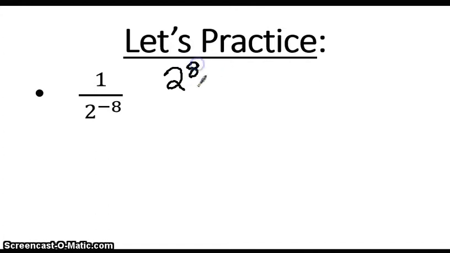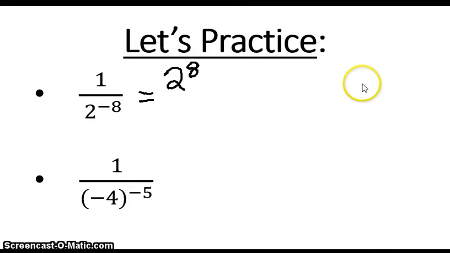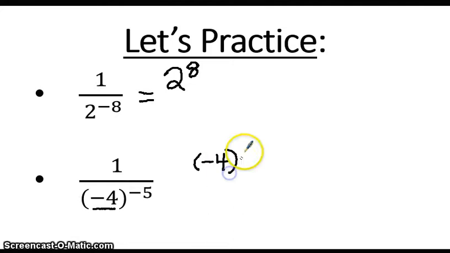This is the same as 2 to the 8th power. Here we have 1 over negative 4 to the negative 5th power. Notice the base number is negative 4, so we will keep it in parentheses, move it to the numerator, give it the positive exponent. Negative 4 to the negative 5th power in the denominator is the same as negative 4 to the 5th power in the numerator.